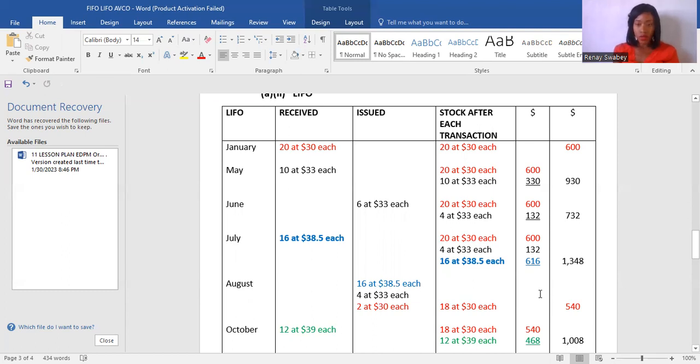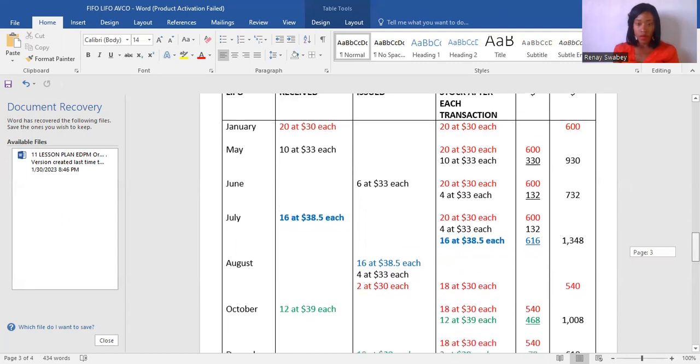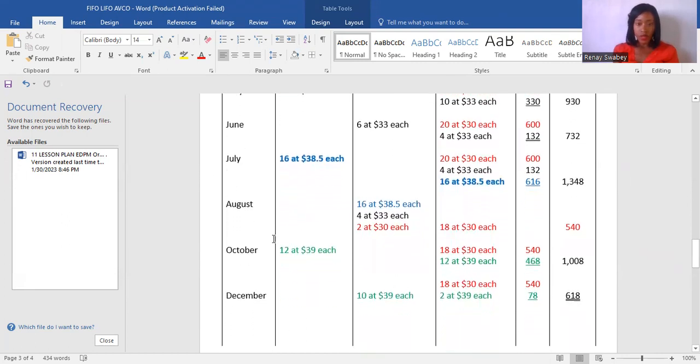Moving on. So October, and I'm trying to hurry up. So in October, in August, remember that Selena did not purchase any items because she had a few items up here that was not sold in the respective months. So in October, she purchased again from Sashanique. She purchased 12 items at $39 each.